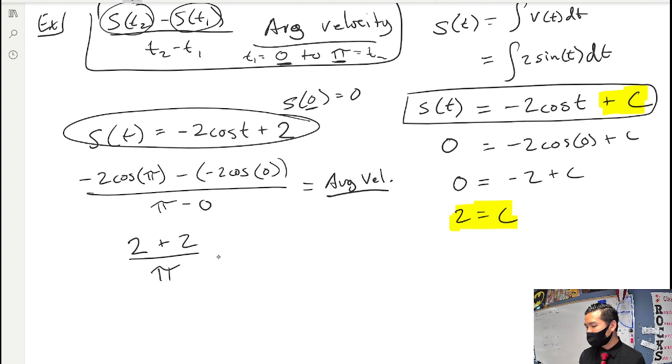Pi. So my answer is going to be 4 over pi, that's the average velocity from 0 to pi. Is that the answer? Yeah. Wow. All that work to find out. Yeah, if there was only some kind of easier way that I taught you to calculate the average value of a function.